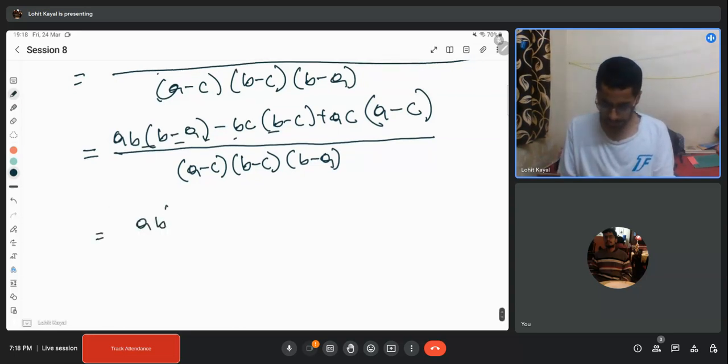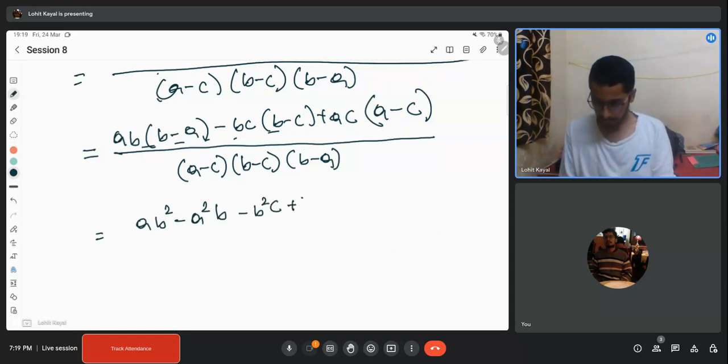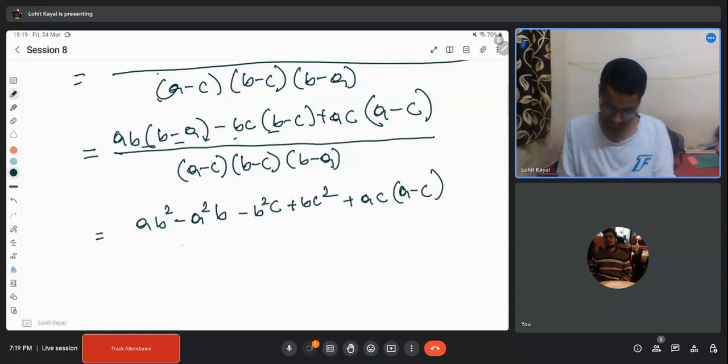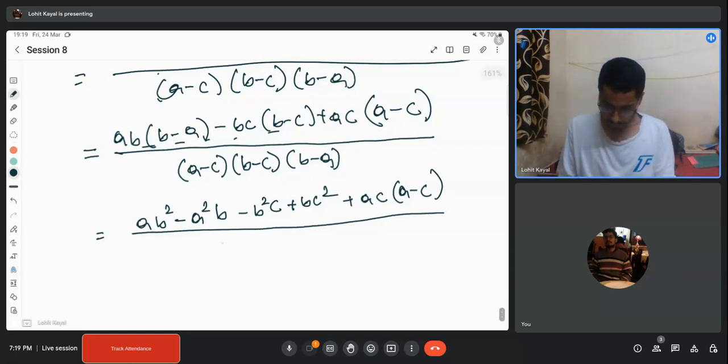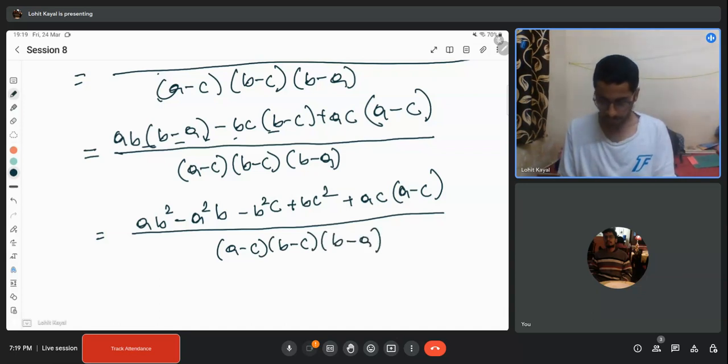So it will be AB square minus A square B minus B square C plus BC square plus AC into A minus C, divided by A minus C, B minus C, and B minus A.